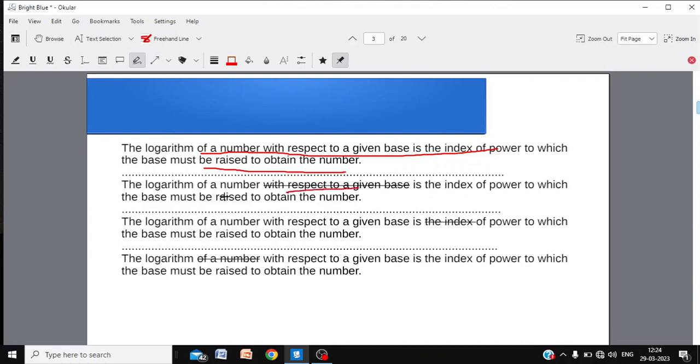The logarithm of a number is the index of power. Maybe it is a bit shorter, but still it is meaningless. So whatever, even if you shorten the definition, it is meaningless. So we have to devise a different approach instead of starting with a meaningless definition, which anyway is not going to come in the exam.